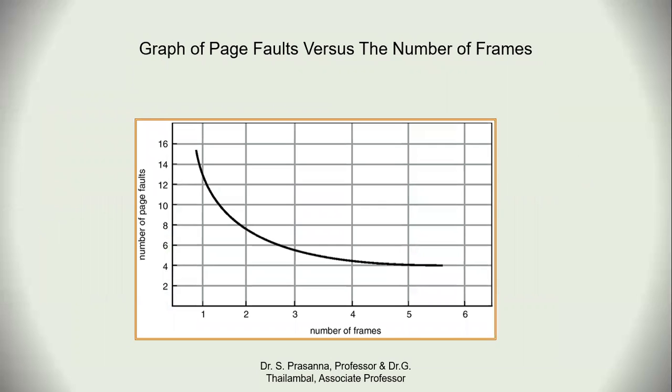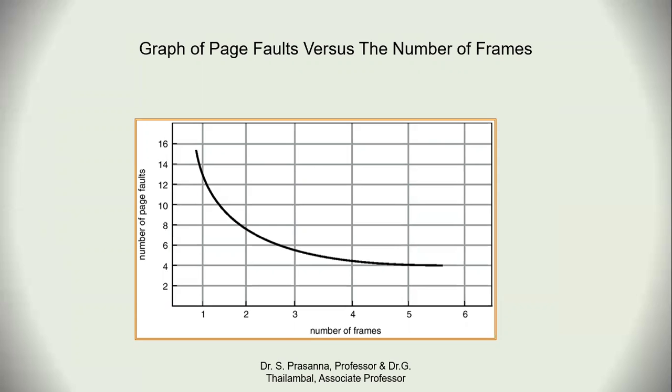This is the graph given for the page faults. You can see the number of frames on the x-axis and the number of page faults on the y-axis. Whenever you increase the number of frames, the page faults get reduced. If you see frame 4, the page fault is only 4.